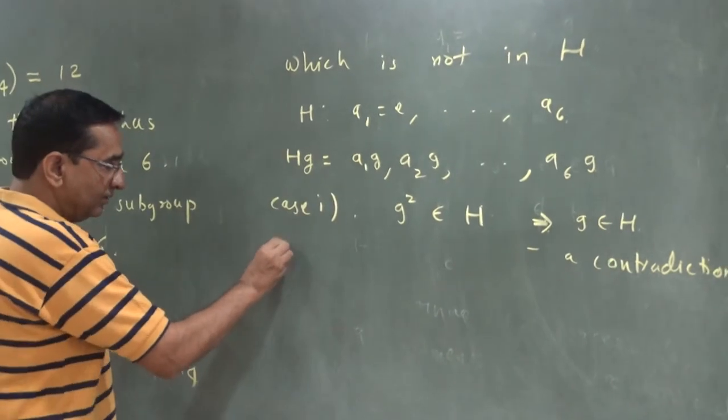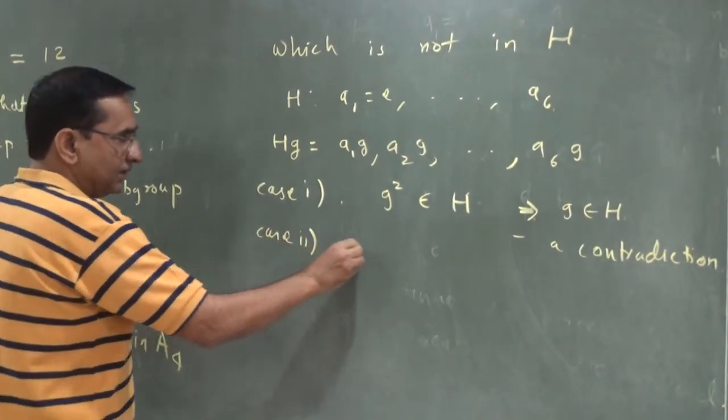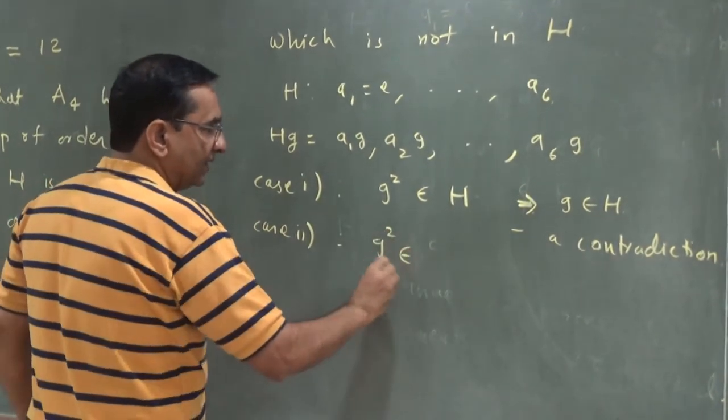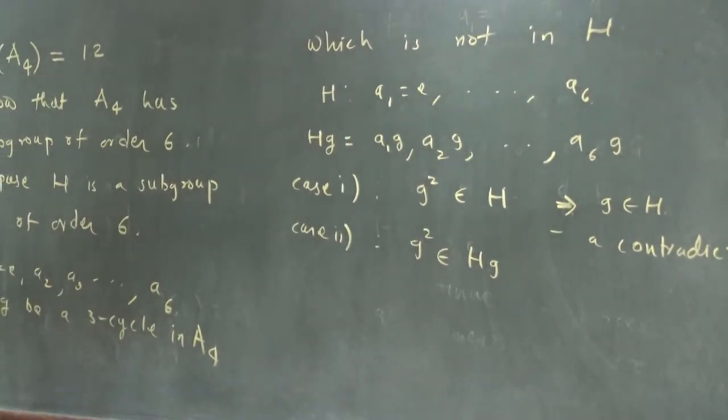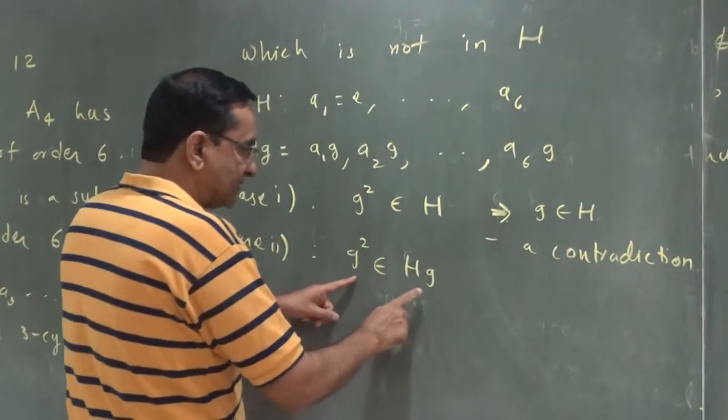So let's see that case now. G square is in the other row, suppose HG. Now G square is in HG means what?